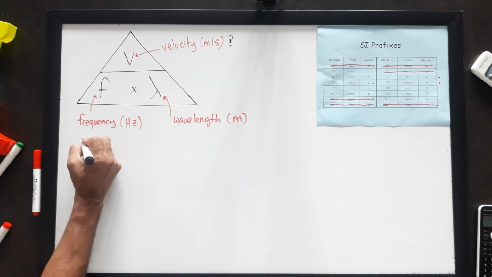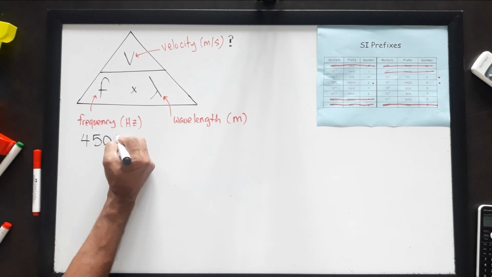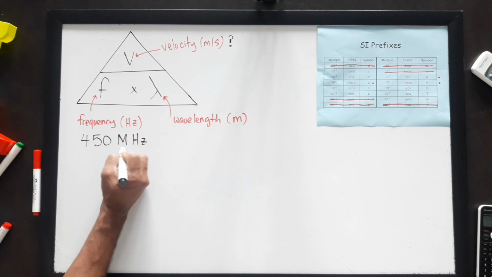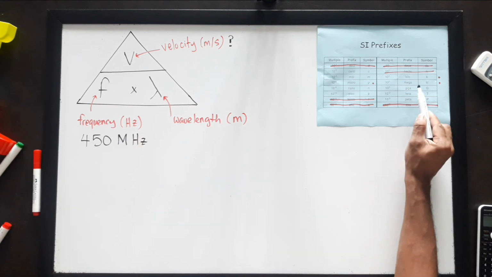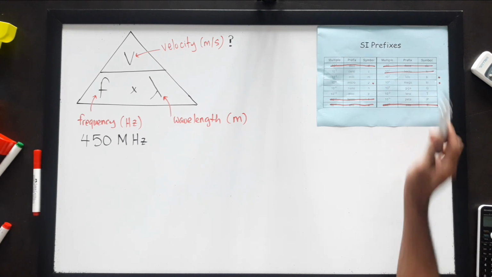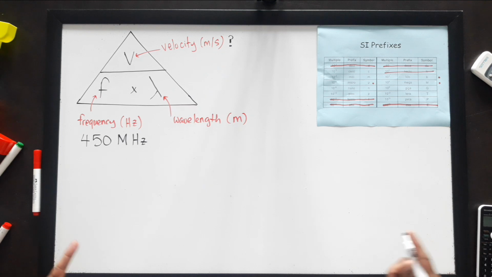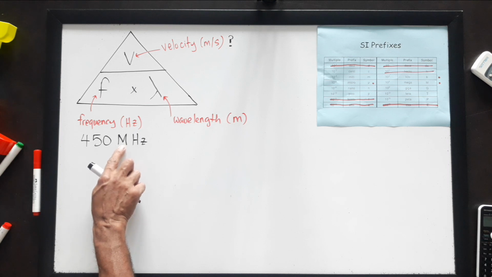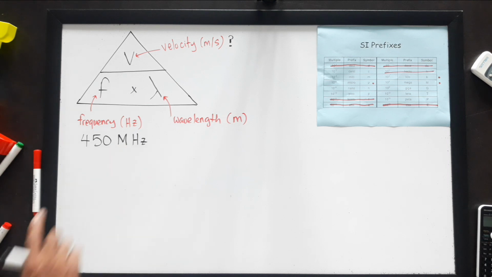So let's say the frequency is 450 capital M H Z. Capital M is over here. That's mega. Mega means multiply by 10 to the power positive 6. But for this formula to work, it has to be in hertz. So we need to take this M and change it to multiply by 10 to the power positive 6.